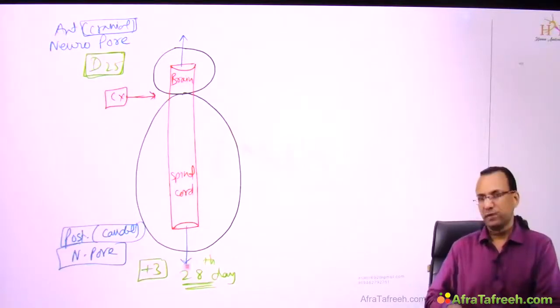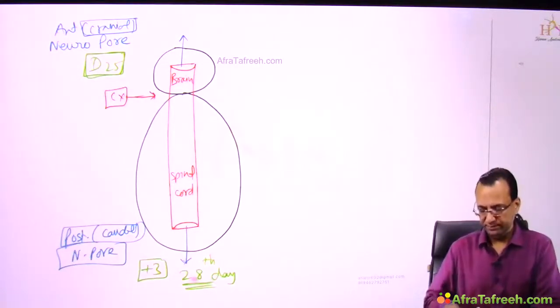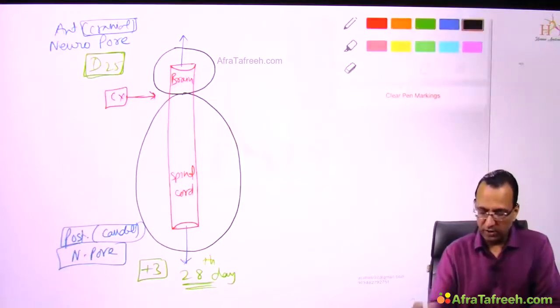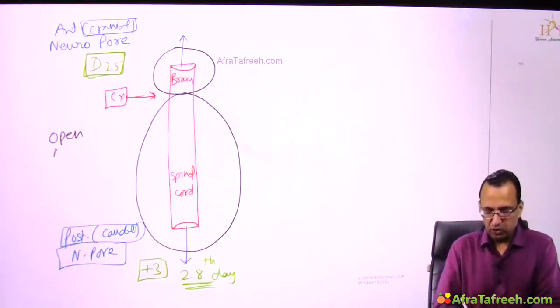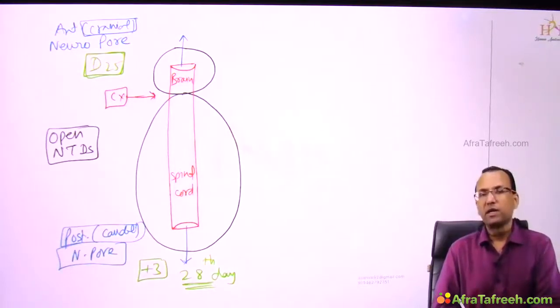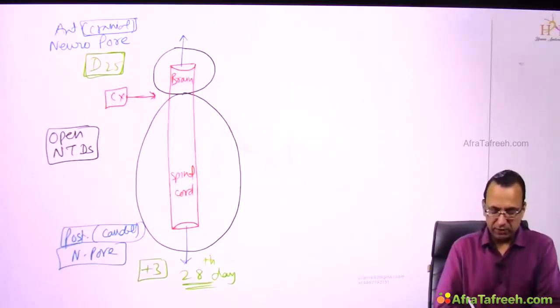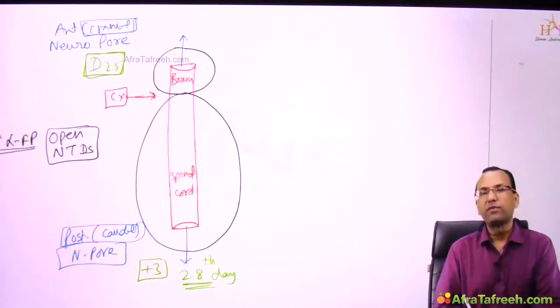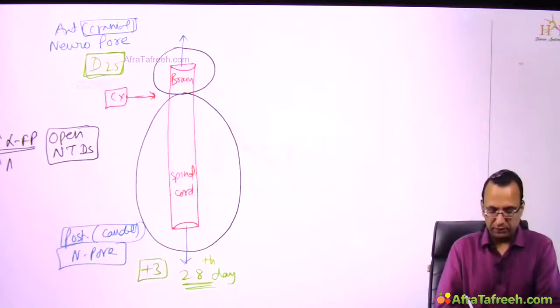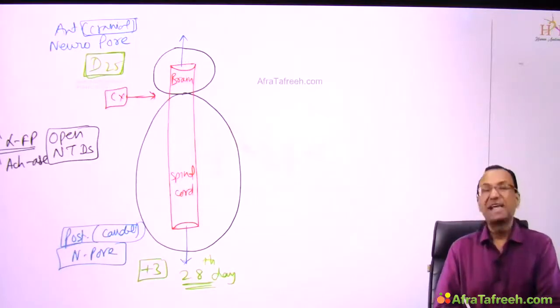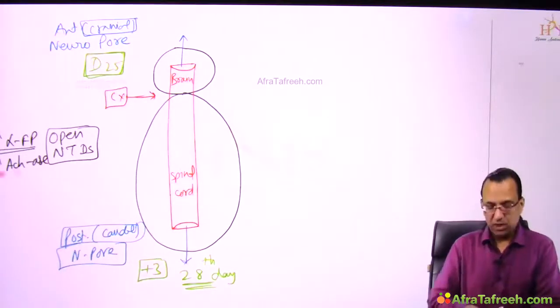Then there will be open neural tube defects. When you're talking about open neural tube defects, you will find the mother has high levels of alpha-fetoprotein, and also high levels of acetylcholinesterase enzyme. Then you do the ultrasound and you find the problem.